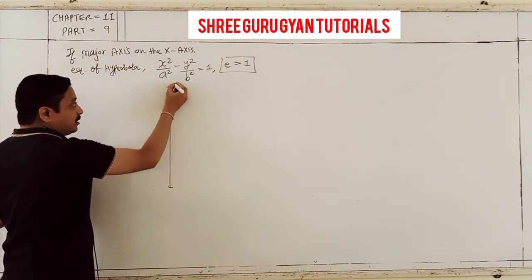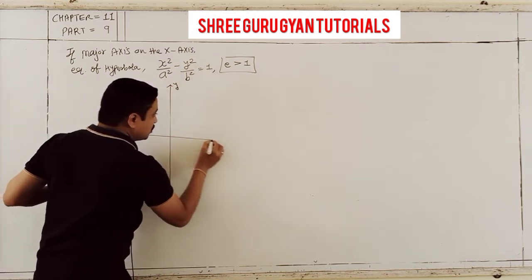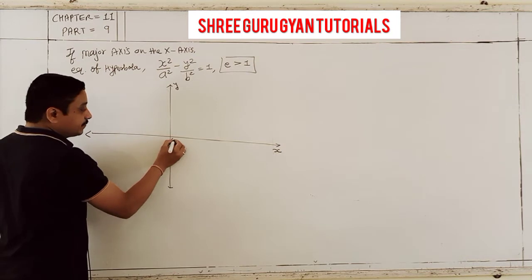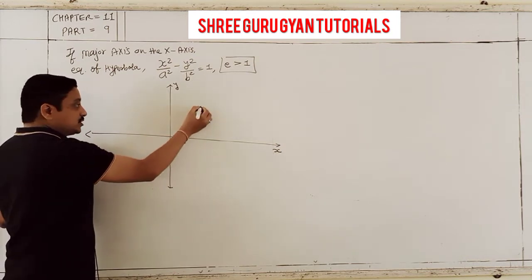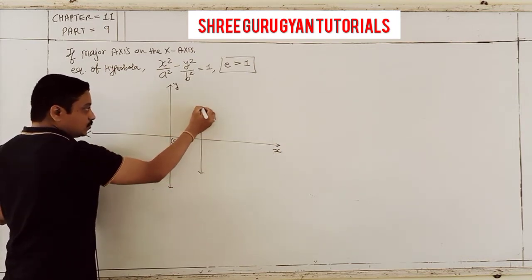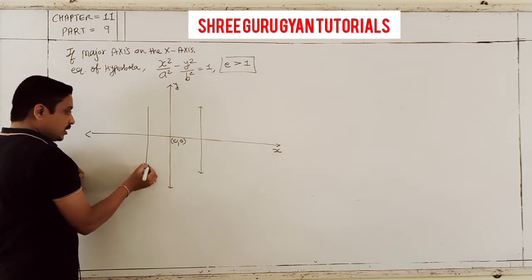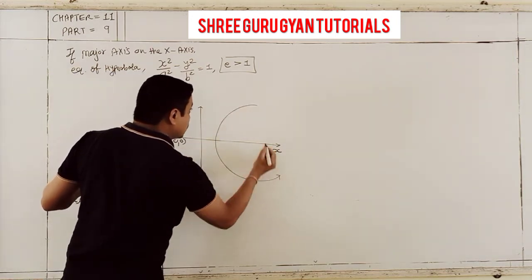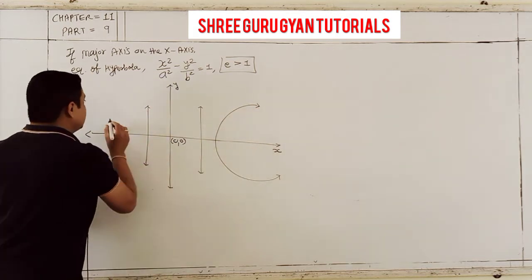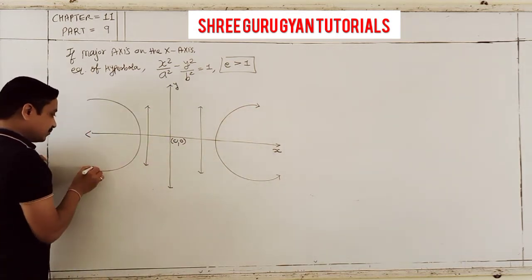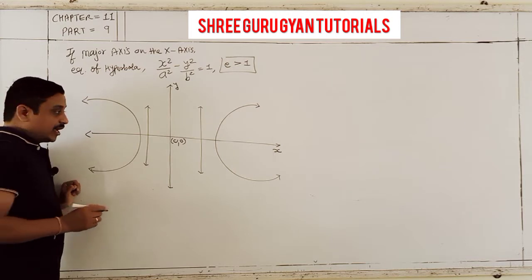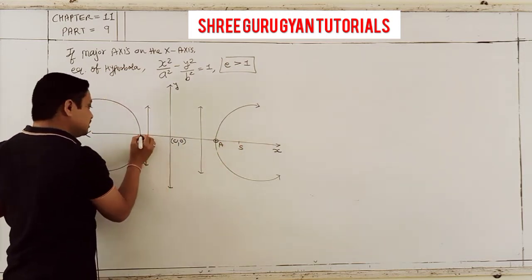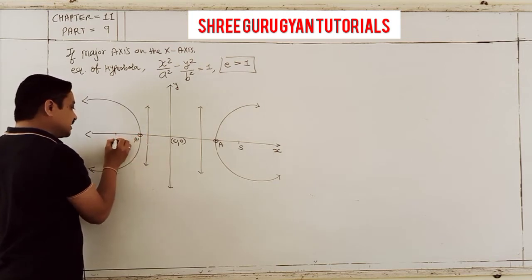You draw the y-axis, here your x-axis, and that's the center 0, 0. Here, students, two directrices, and that is your curve. This curve is called your hyperbola. This side also, similarly, that's your hyperbola. And here two points on it, A and focus S, here A dash and focus S dash.